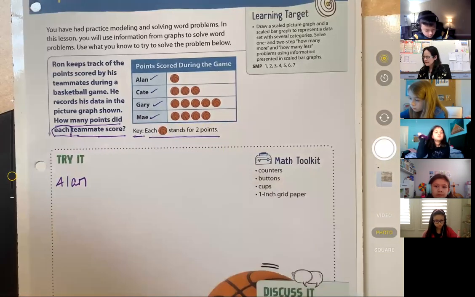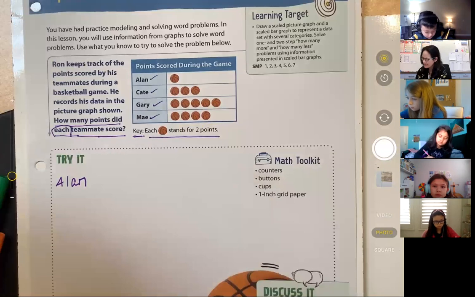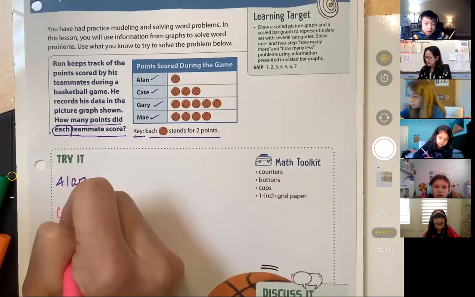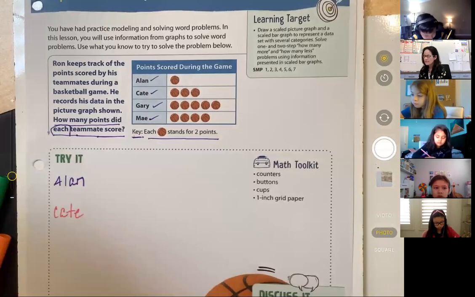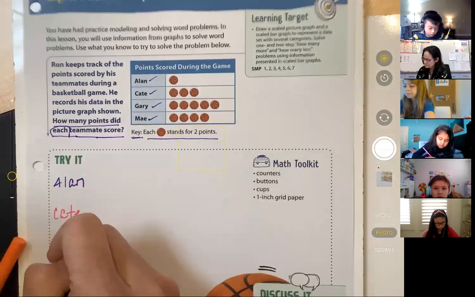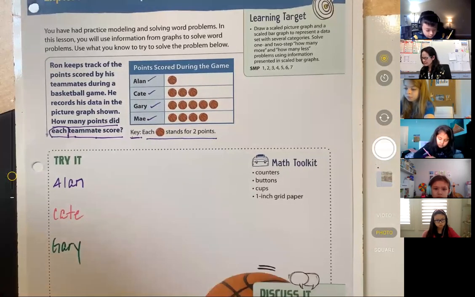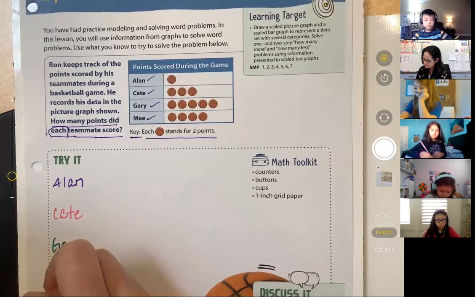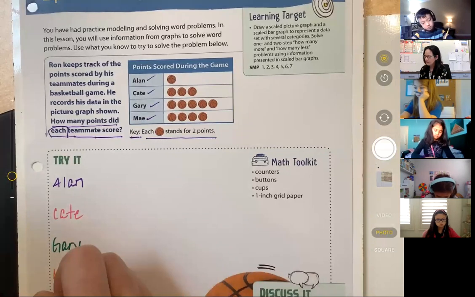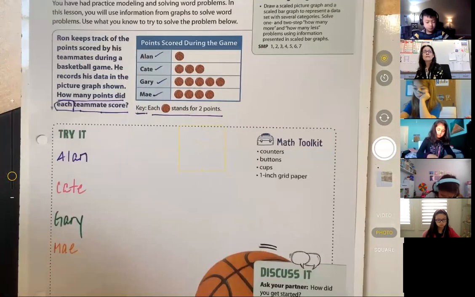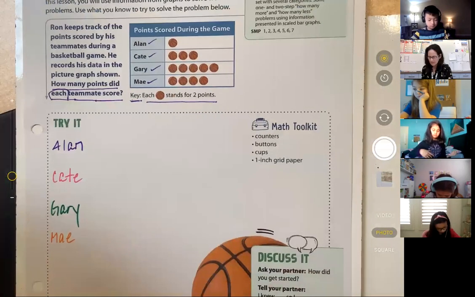And then I need to find Kate. And then I need to find Gary. And then I need to find May. I'm breaking this apart one step at a time.